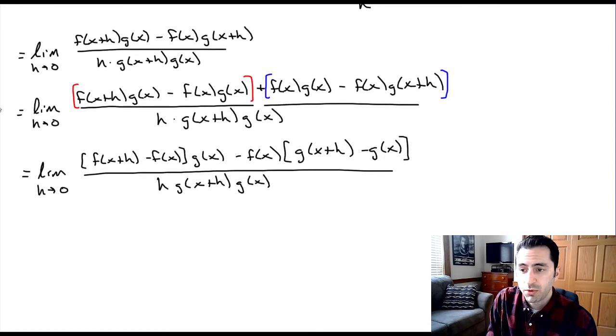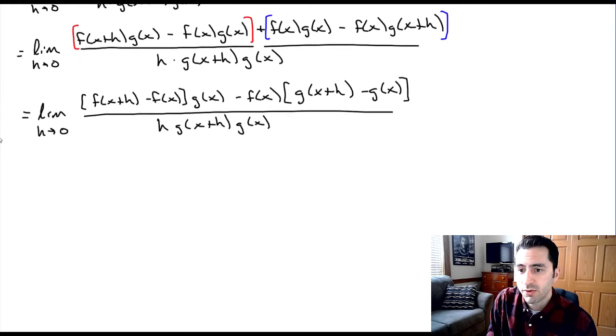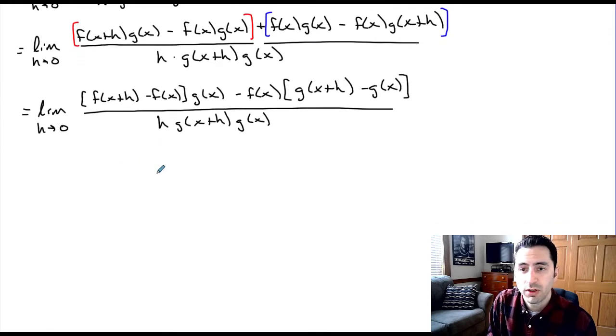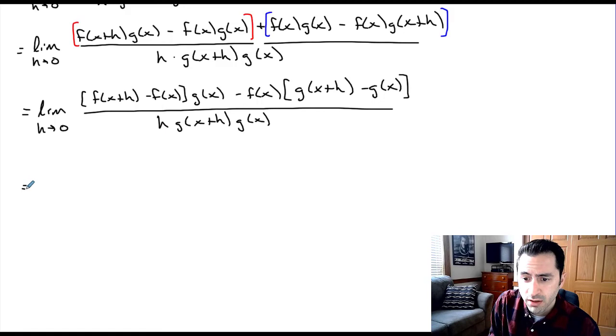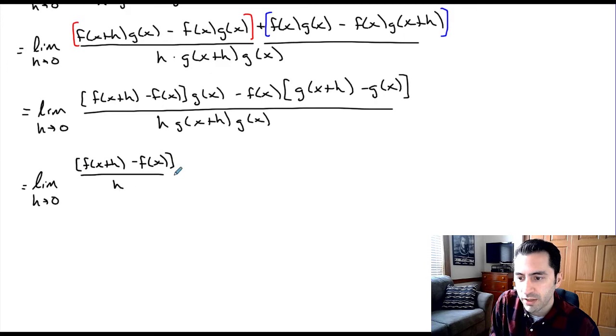So the next step is we need to complete the difference quotients for f and for g. So in order to do that, I'm going to take h from my denominator, and I'm going to move it into the denominator of a fraction within my numerator, and it's going to end up looking like this. So we still have our limit, and now I'm going to write this as I have my f of x plus h minus f of x, and now I'm going to write this over h.